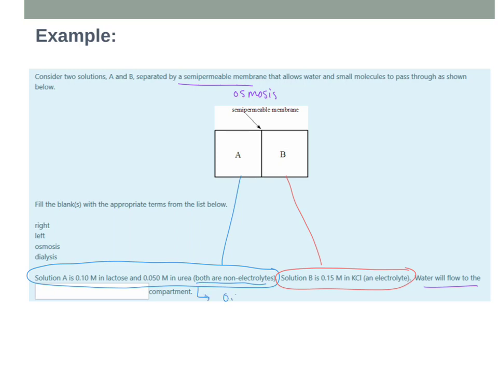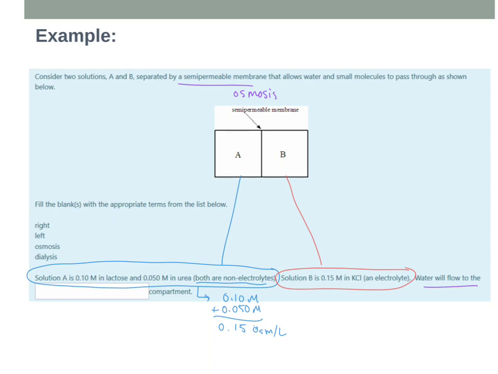I take 0.10 molar for the lactose and add it to the 0.050 molar for the urea, and now I know this is 0.15 osmolar, osmoles per liter. That's how many particles are on the left-hand side.